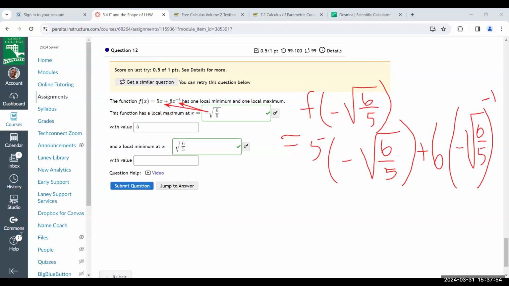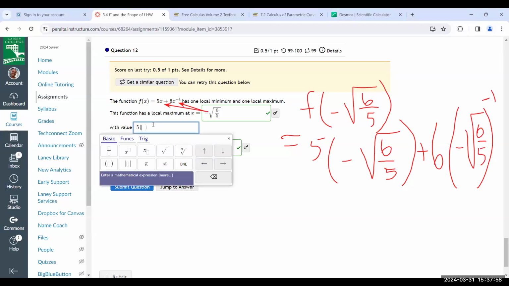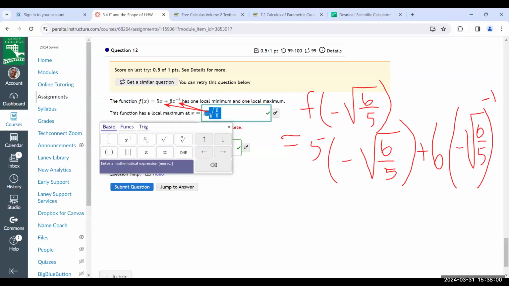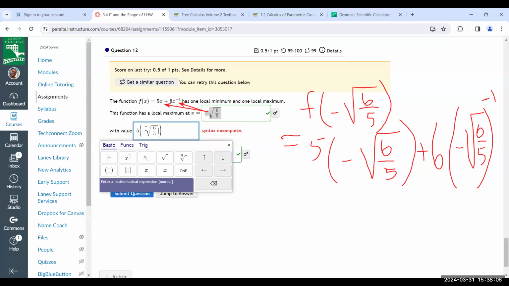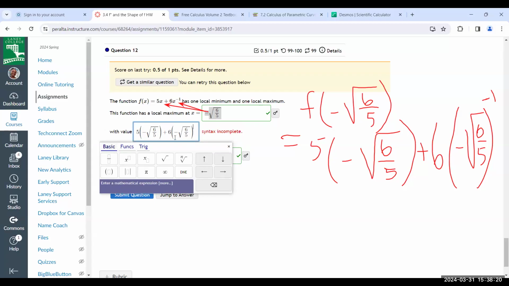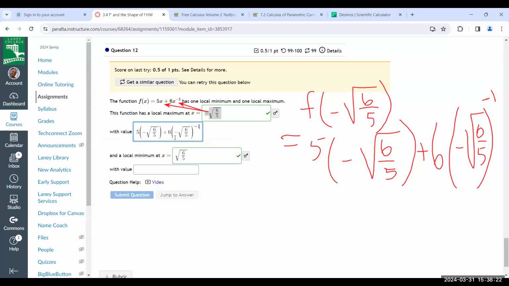So 5 times all of this, I'm just going to copy and paste it. Plus 6 times all of that, raised to the power of negative 1.